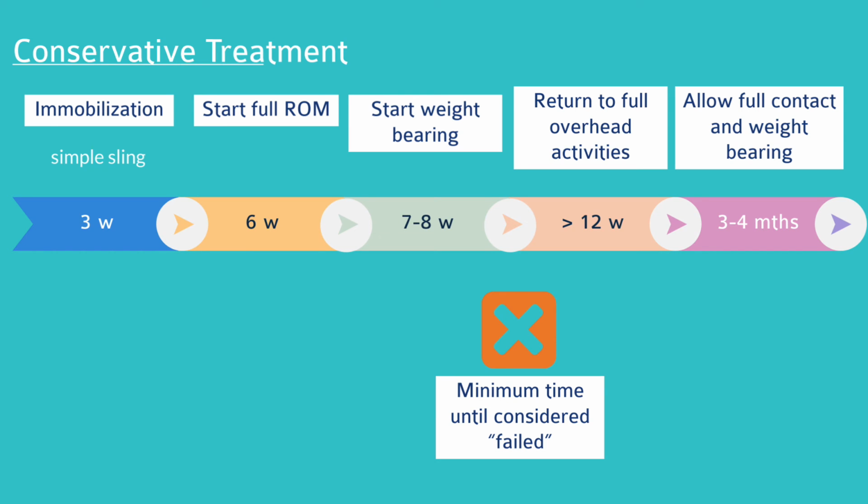So if the patient doesn't get better at this time, we consider that the AC joint injury rehabilitation has failed. At week 12, over 12 weeks, return to full overhead activities, and contact sports are only allowed after 3 to 4 months.